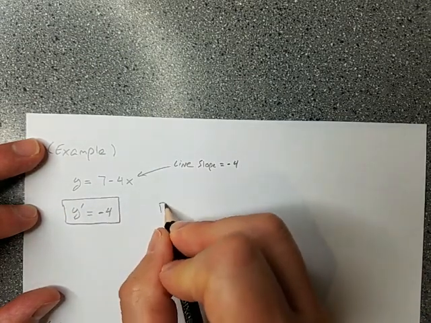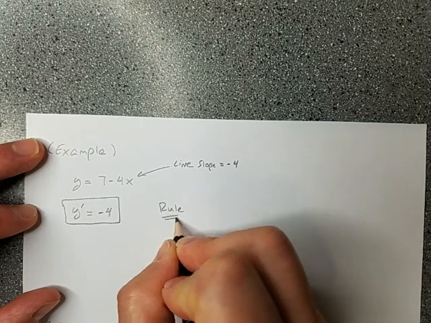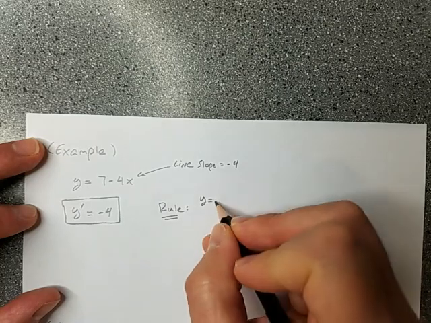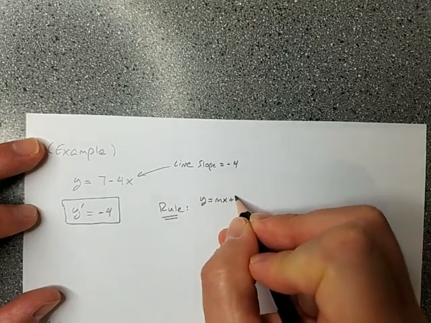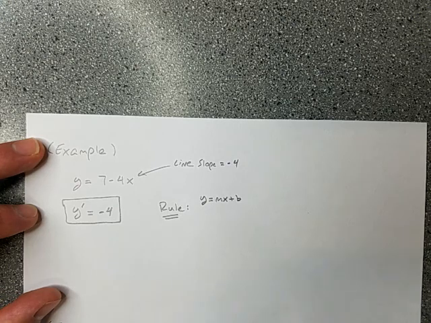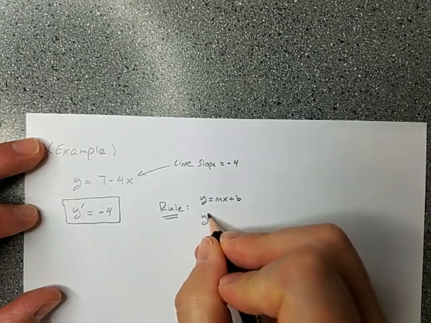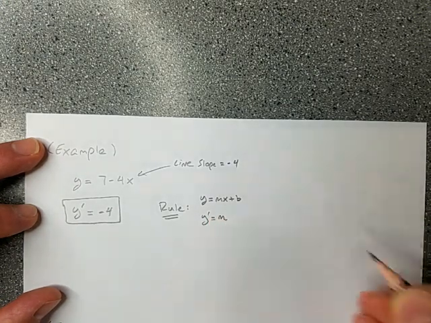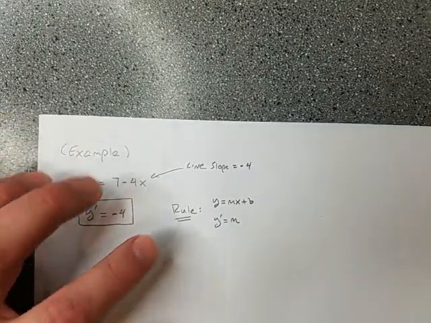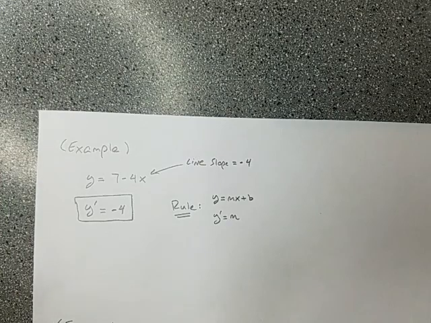Let's even extrapolate a rule from that. If your y takes the form of mx plus b, the equation of a line, then y prime will just be m, the coefficient of the x. That's a rule that you can use as you see fit if you're in that circumstance.